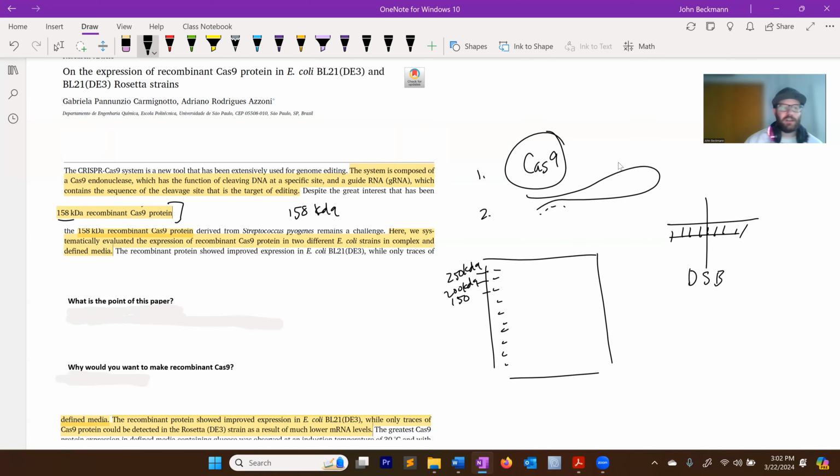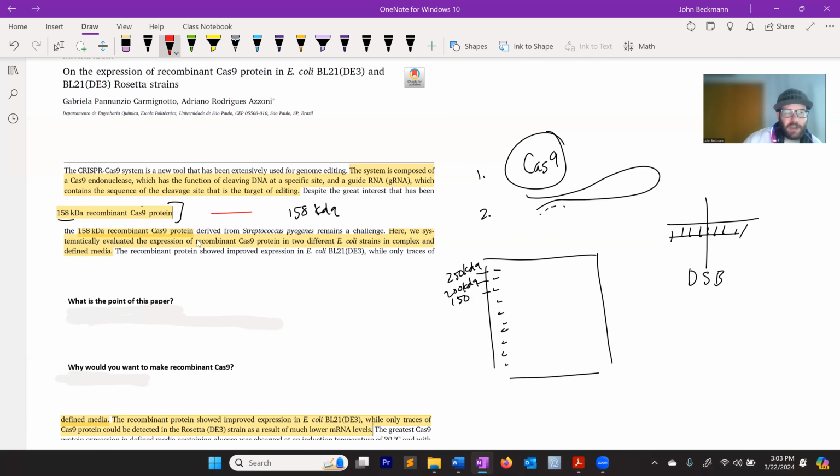And let me ask another question: if you're going to have to express recombinant proteins and make high yield proteins, do you think it's probably easier or harder to express a large protein? Yeah, it's more difficult because it's harder to get high yields of heavy, large proteins. So that's something to quickly understand about the system. But it's a very important protein that needs to be optimized and expressed for many different reasons. So it's important to study this.